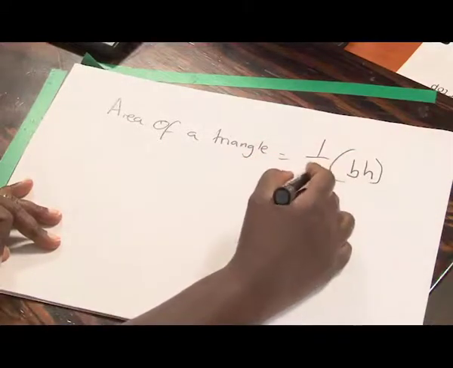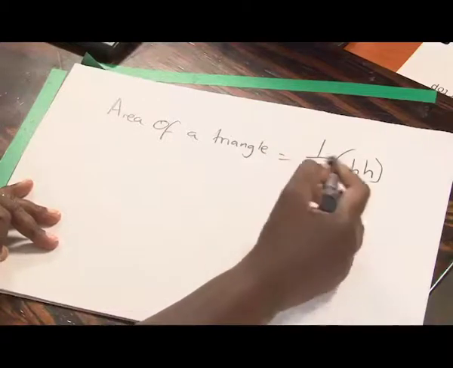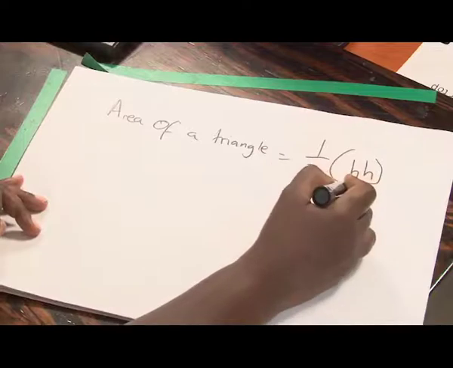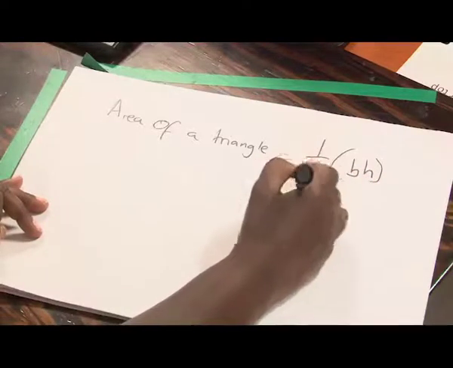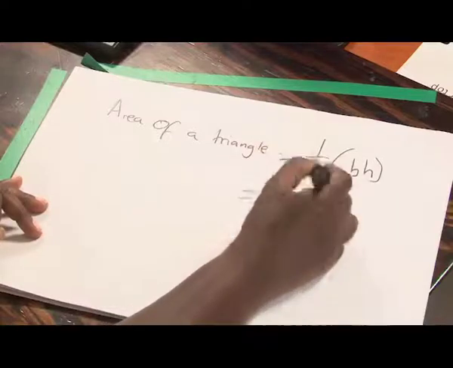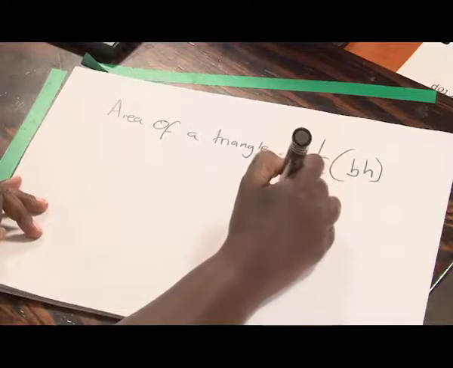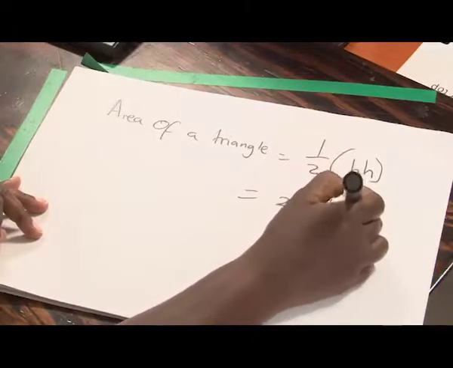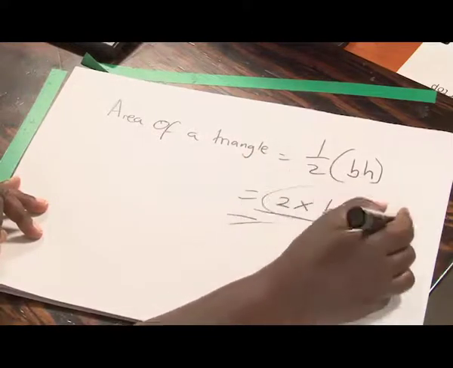Now, instead of working this out correctly, they don't know whether they should multiply or they should divide. So with these basic operations, you will find that instead of halving this, they will add, like, it will be 2 times the base times the height, and that will already give them the wrong answer.